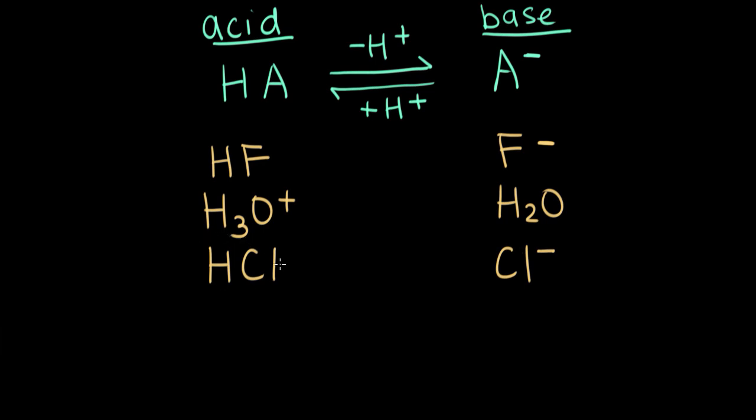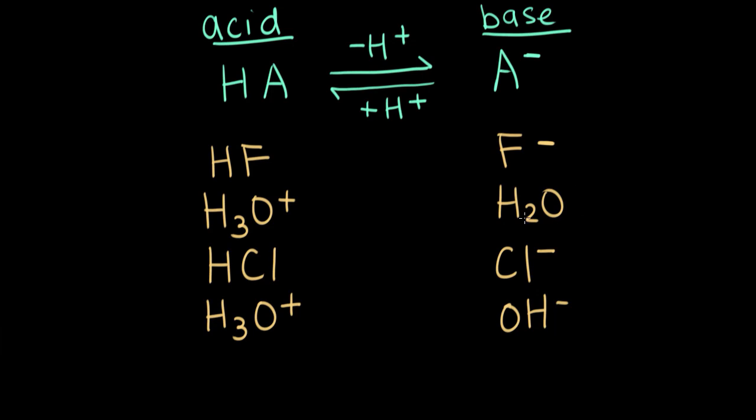And last but not least, we're going to go through two examples where it looks like we might have a conjugate acid-base pair, but we actually don't. One example is, what about the relationship between H3O+ and OH-? If we think of our acid up here being H3O+, if we lose one proton, we saw that its conjugate base is water.